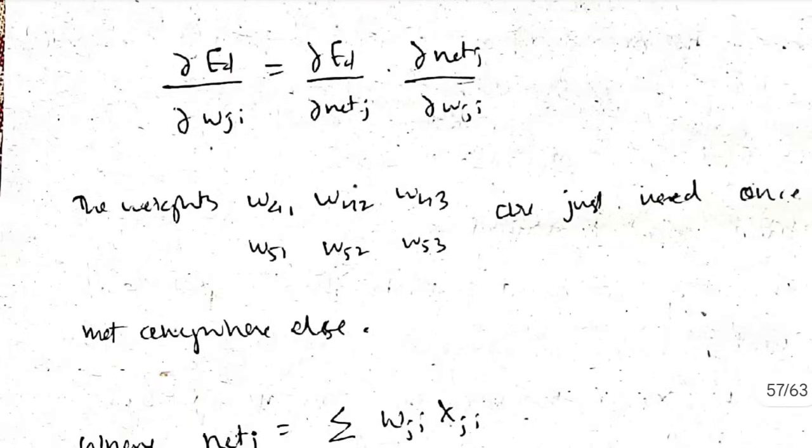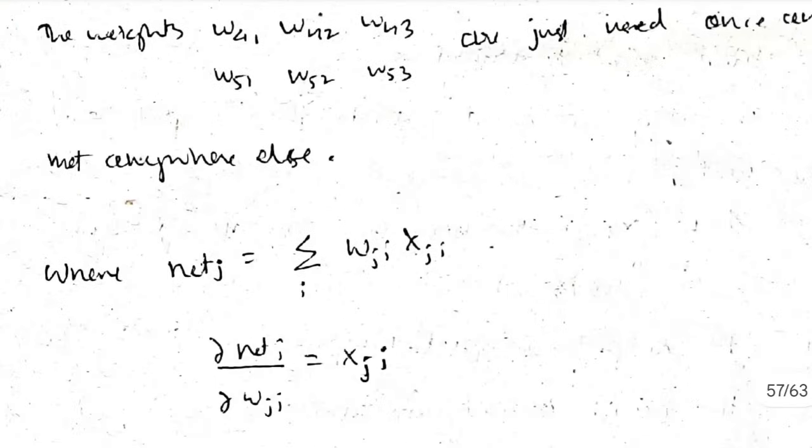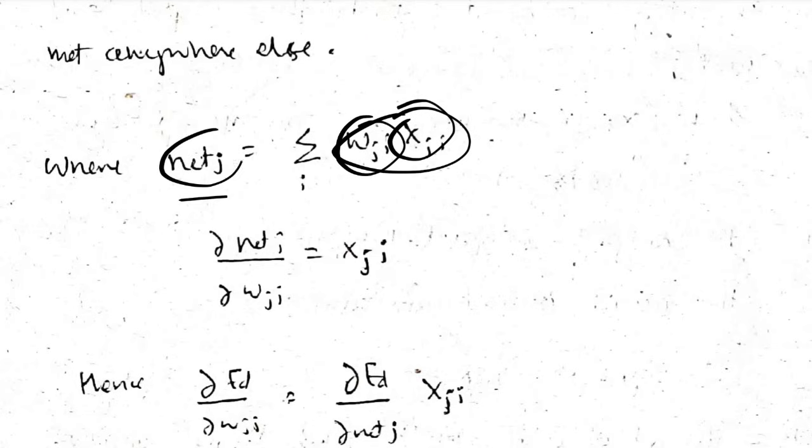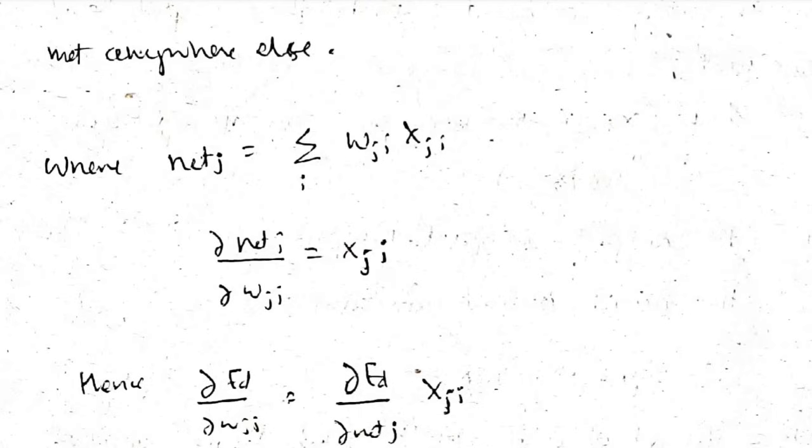Okay. So the weights W41, W42, W43, W51, W52, W53 are used just once in the algorithm and not anywhere else. Net j is nothing but wj into xji, means the weights multiplied with the x values, the input values. That whole summation is net j, and if I differentiate net j with respect to wj, I'll remain with xji.